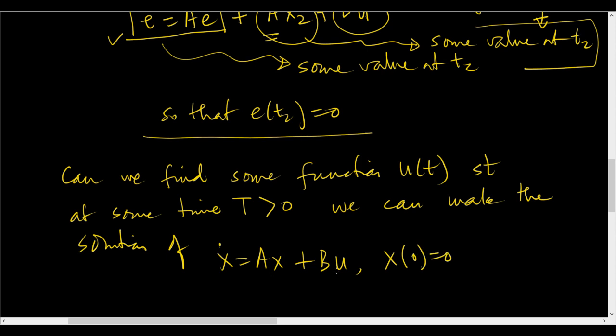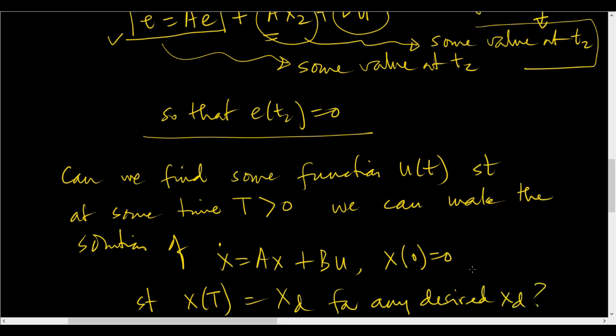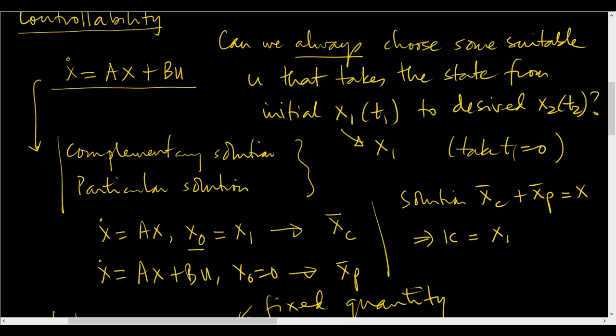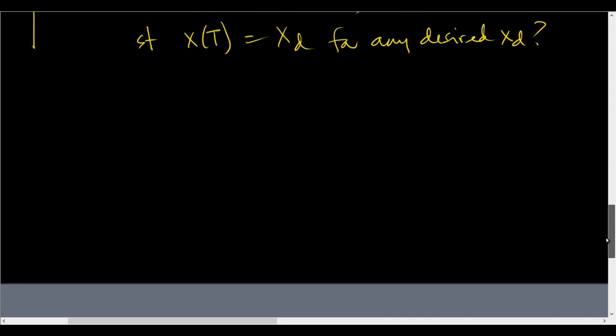We can make the solution of this such that x of t equals xd for any desired xd. This is the question. If you think about it, you will see if we can achieve this, then we can achieve that. Okay, how do we achieve this?